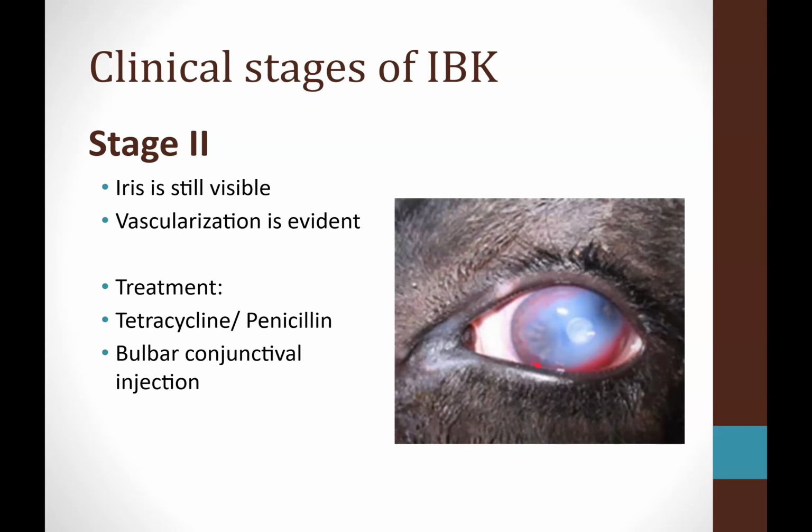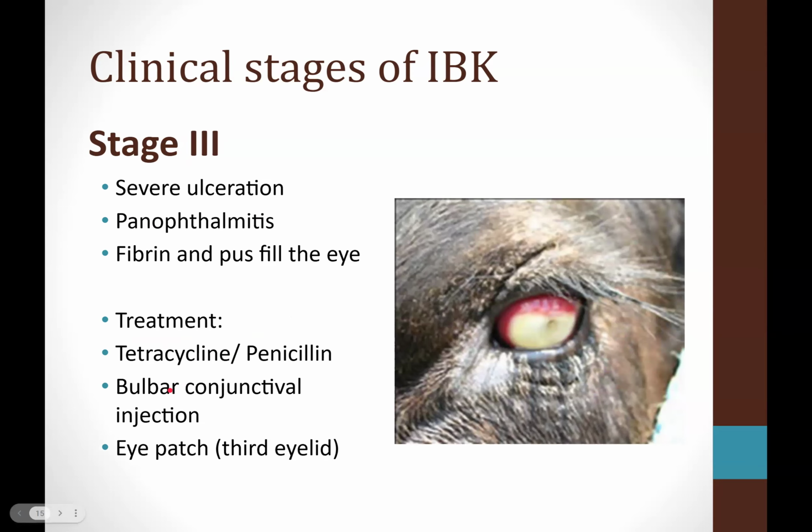And so here we see the redness of the eye because of the vascularization. Still, we can provide antibiotics to this, but you may have to perform a conjunctival injection. So for the bulbar conjunctival injection, we'll look at how it is performed later. And then you have stage 3, wherein the eye will have severe ulceration.